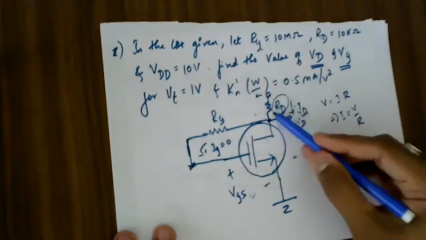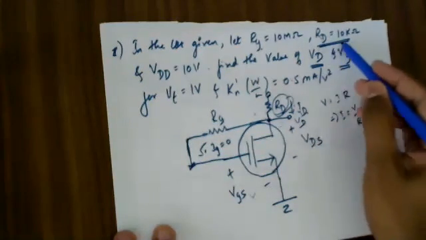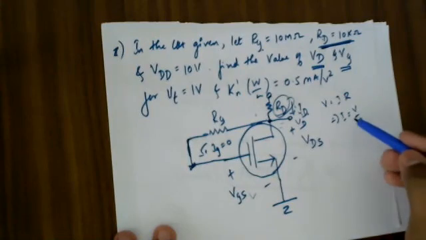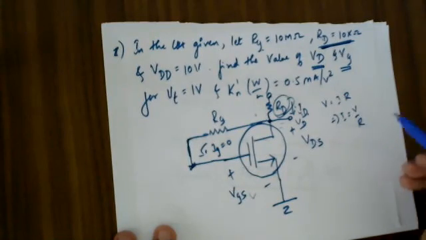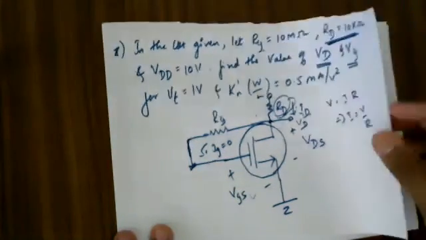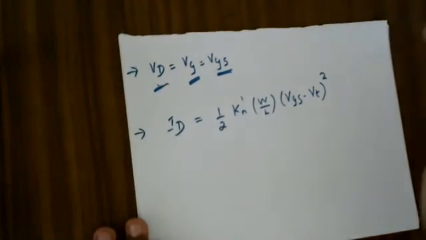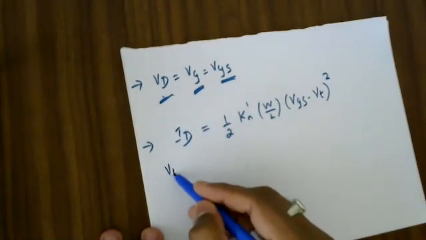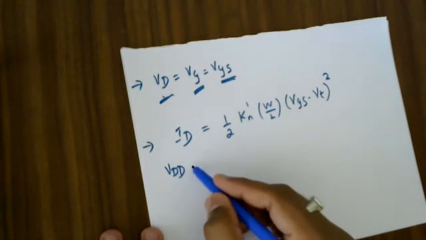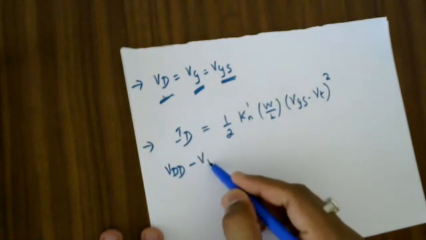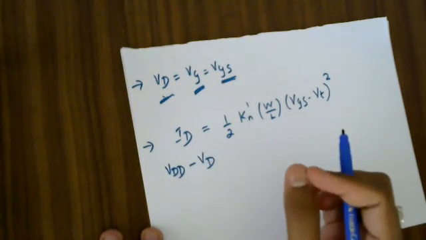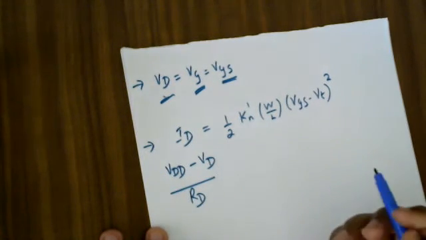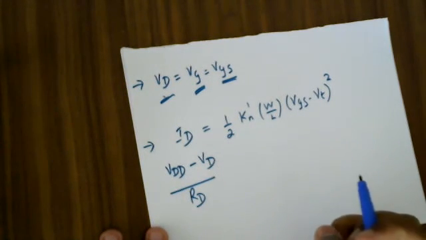RD is known to me, right? He has given me the value of RD. Since he has given me the value of RD, now I can write the equation for this term. I can write this ID as VDD, the supply terminal, minus VD, divided by RD.